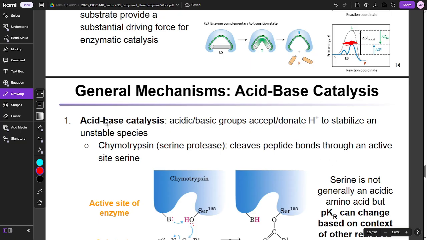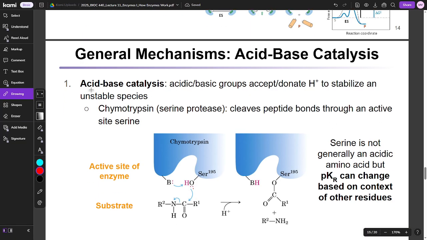This is a nice thing to keep in mind. So, acid-base catalysis: a lot of enzymes use acid-base properties to stabilize substrates and do different things. Keep in mind the acidic and basic groups. What are they? Acidic, we've got aspartate and glutamate, D and E, with pKa's around 3.6 and 4.2.